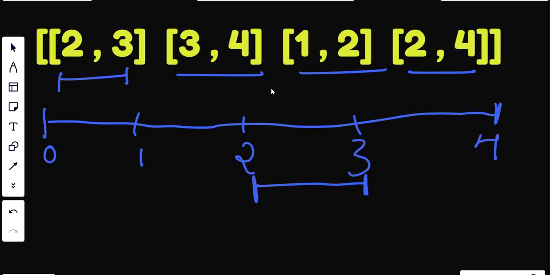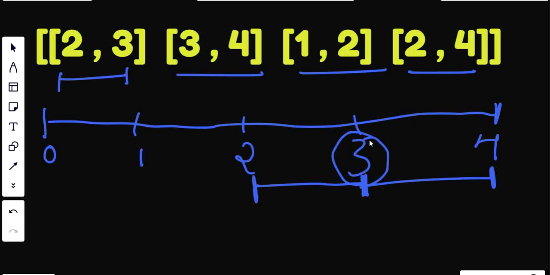Let's check out 3 to 4. The 3 to 4 interval starts from here and goes till 4. These two intervals are not overlapping because 3 is the ending of the previous interval and the starting of the next interval.